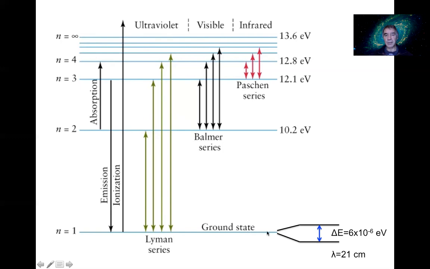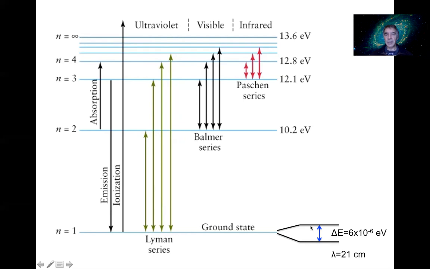But if you zoom right in and look at the very fine quantum levels, you find that there are actually two different levels here, and they're split by a very small amount of energy. Most of the time the electron would be in the bottom one, but it doesn't take much energy to flip it into the next level up.